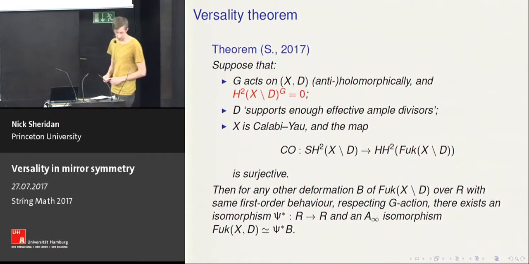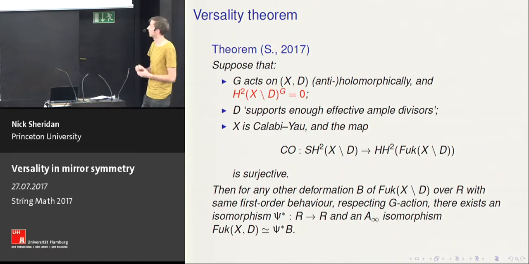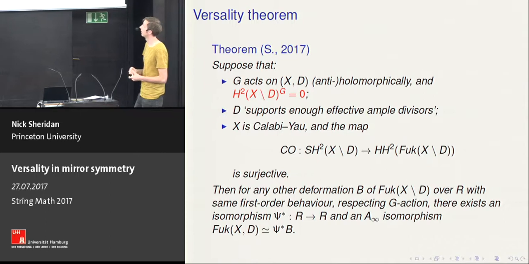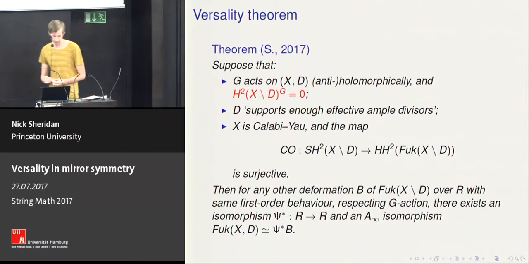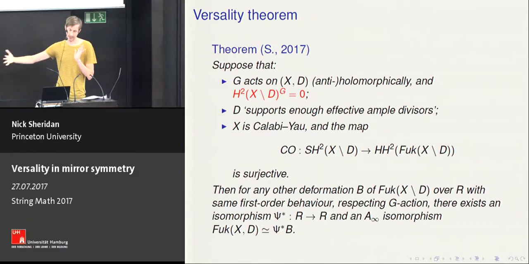So having introduced the precise definition of that category that I'm going to work with, here's the theorem that I prove. Suppose we have this group action, and the G invariant part of H2 of X minus D vanishes. Recall that was needed to rule out these extra directions of deformation.